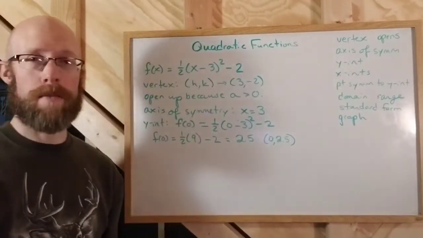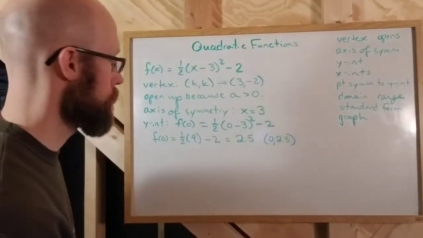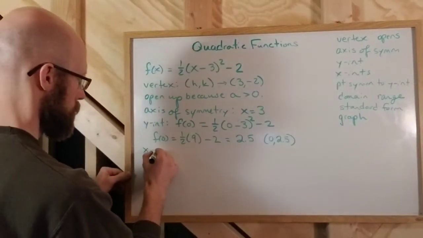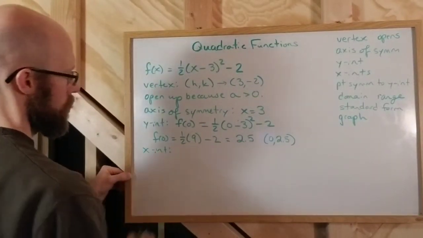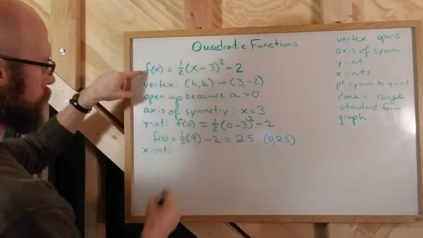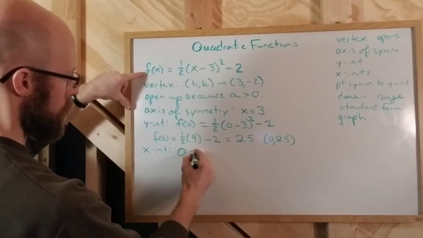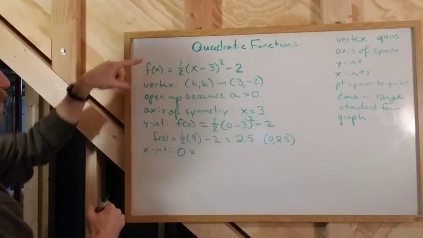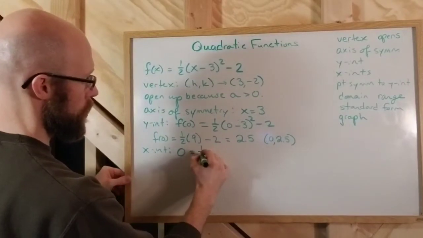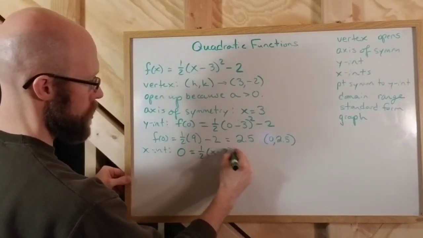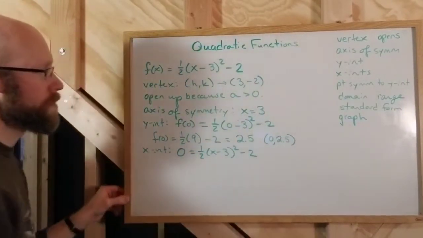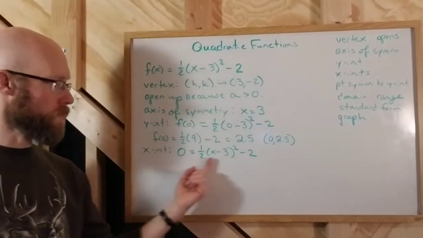The x-intercepts, that's going to be a little bit more work. So for the x-intercepts, you've got to replace the function value with 0, the output. So you get 0 equals 1/2 times x minus 3 squared minus 2. Well, I'm going to solve this for the x.